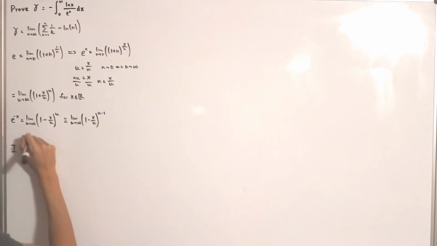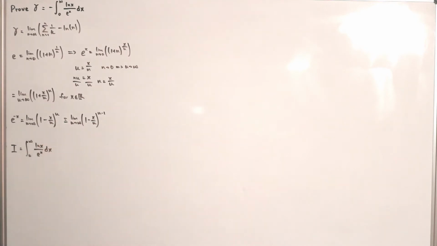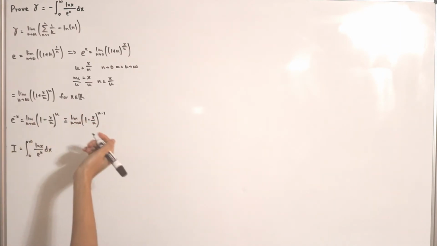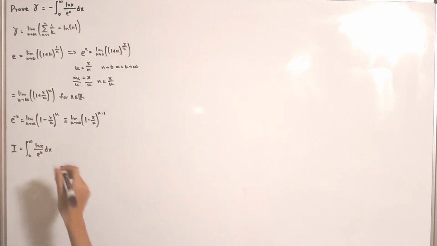So this is from 0 to infinity of ln of x divided by e to the x dx. And then, just like before, I can rewrite the e to the x using our rules of exponents.